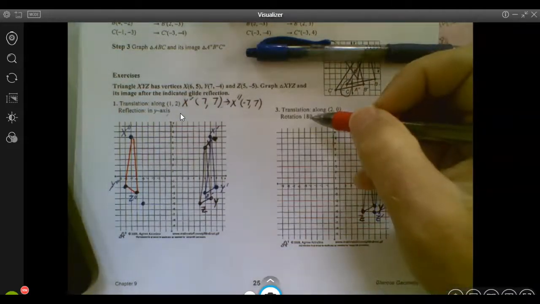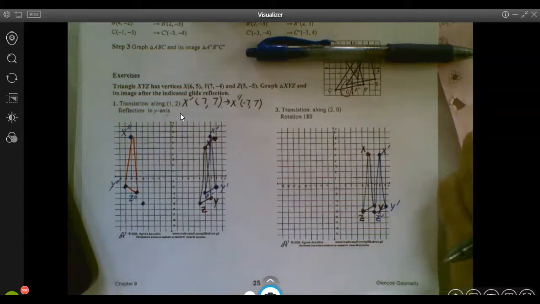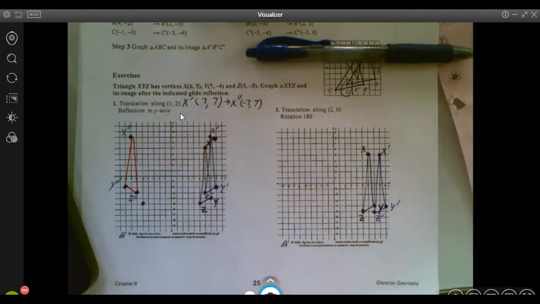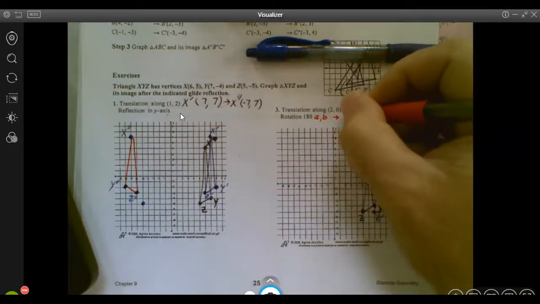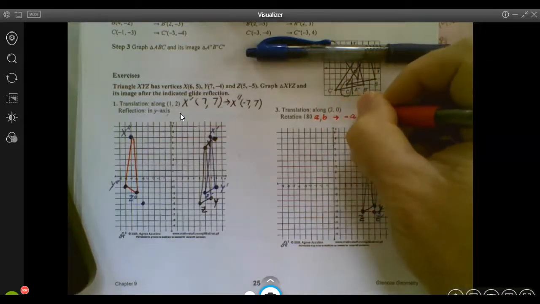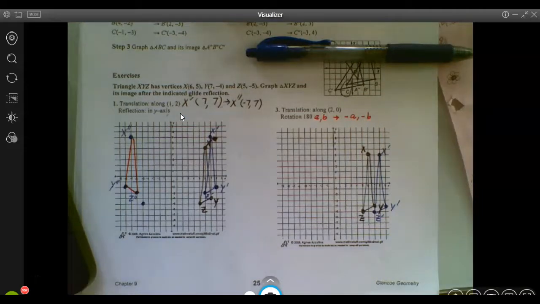From there, I'm going to rotate it 180 degrees. So again, the rotation was the one section that was our last lesson. That was the one I said can be pretty challenging to do visually. I really recommend knowing the rules when you do rotations. Our 180 rule was that (a, b) becomes (negative a, negative b). So it's just a sign change for both coordinates.